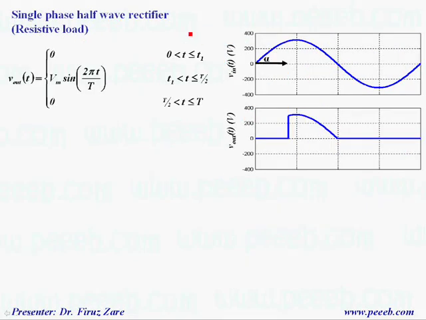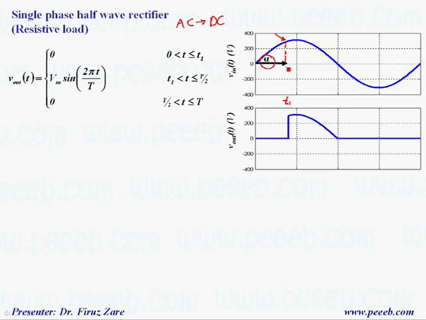As we convert the AC voltage into DC in a controlled rectifier, it is quite important to find the output voltage in terms of firing angle and input voltage. So this is the input voltage. Suppose we apply the gate signal just at this time, which is defined as T1.